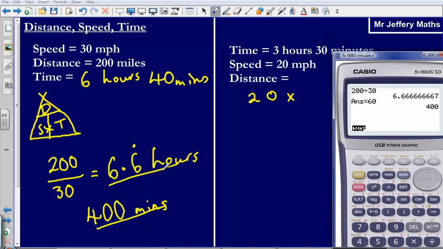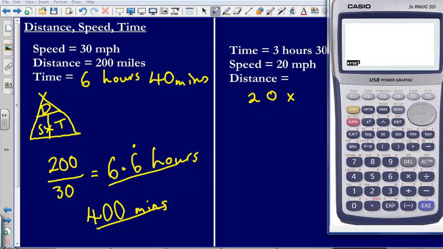So what we did last time was we took our decimal, multiplied it by 60, then went from there. Well, what I can do here is I've got 3 hours and 30 minutes. That's the same as having 210 minutes. To get from my decimal to minutes, I times by 60. To do the opposite direction, divide by 60.